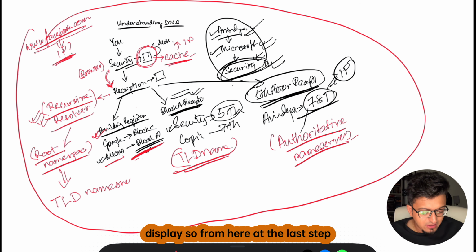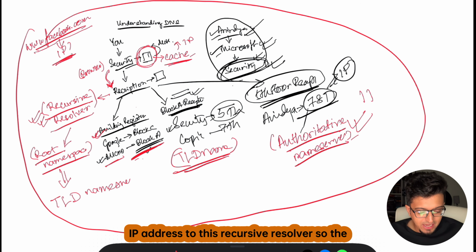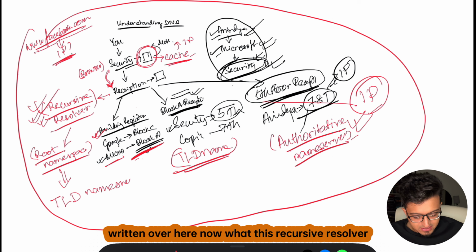So from here, at the last step, we are returning the IP address to this recursive resolver. So the final step is that the IP address is returned over here.